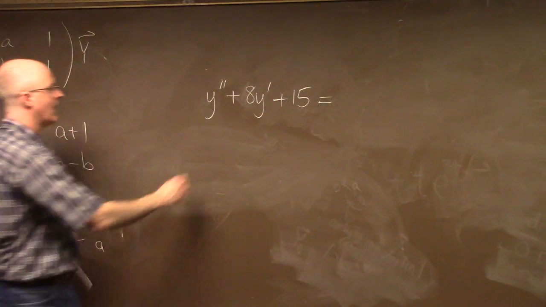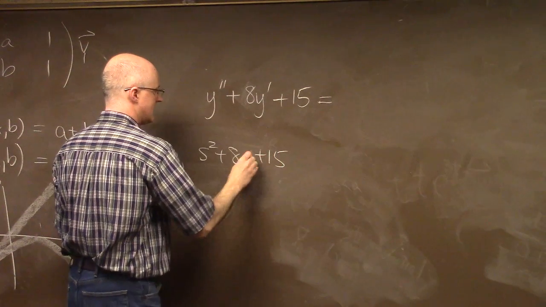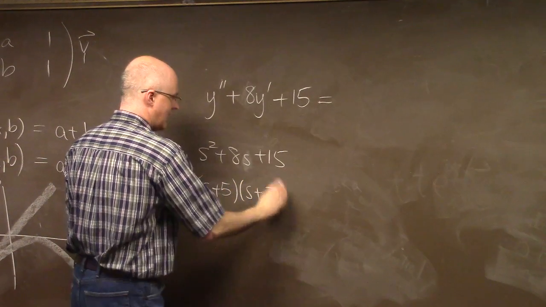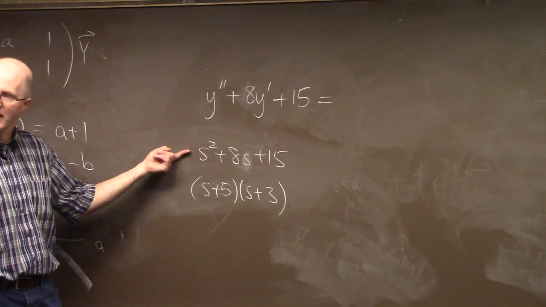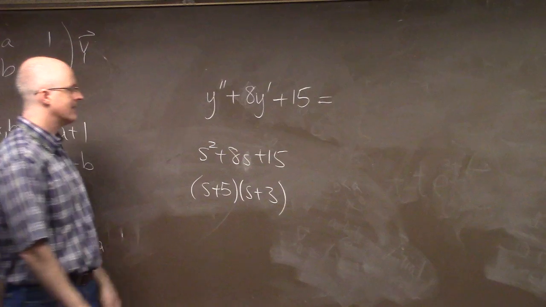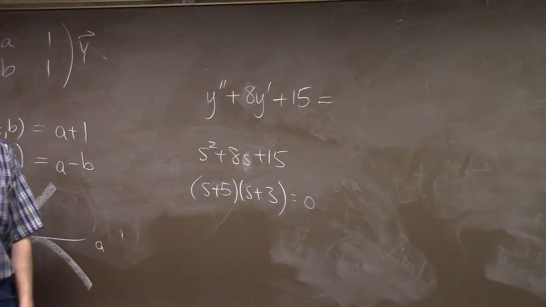Think about the corresponding quadratic equation in s. It can be factored. And by the way, that's the same as the characteristic polynomial you get in the matrix form. I hope you noticed, I think I mentioned that once before. The eigenvalues are going to be -3 and -5. Nice.